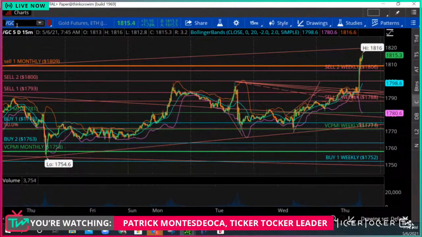Got some good volume here on the gold market. 1815.5 last.